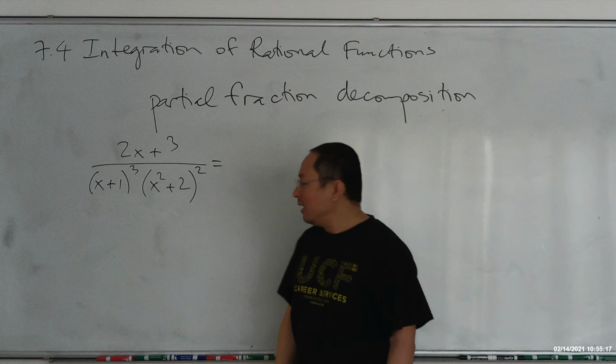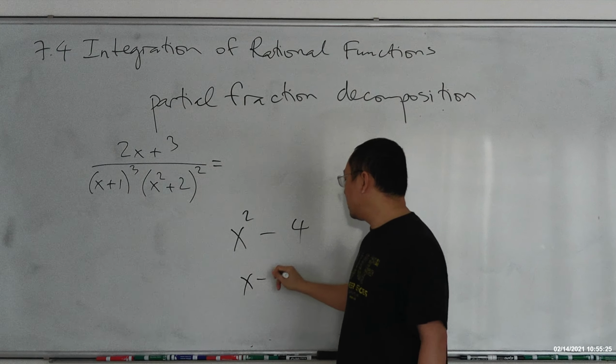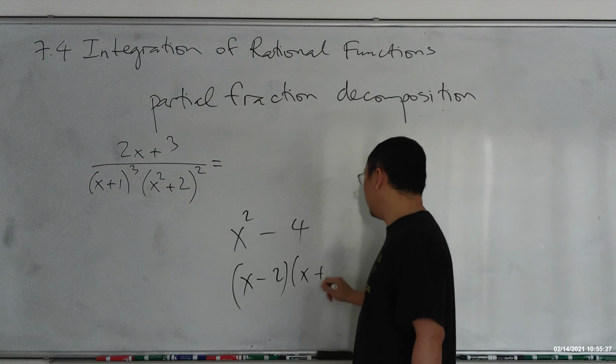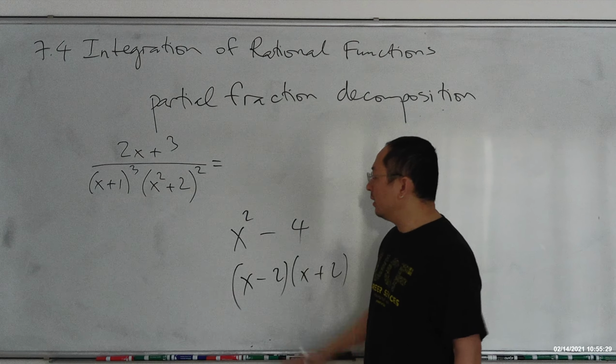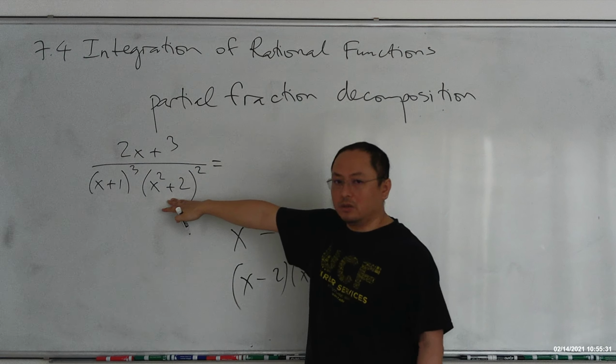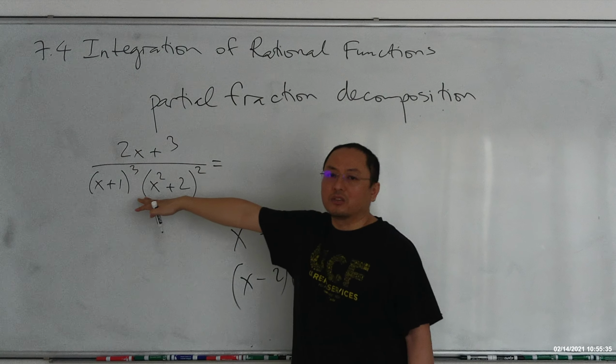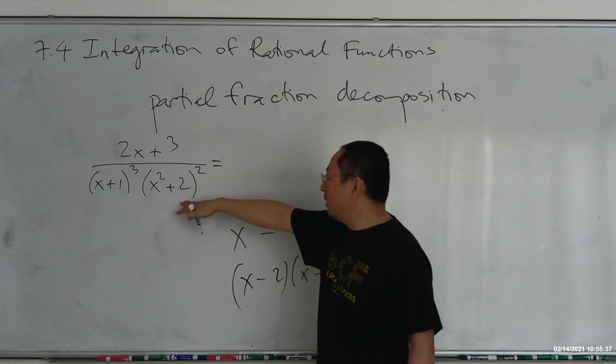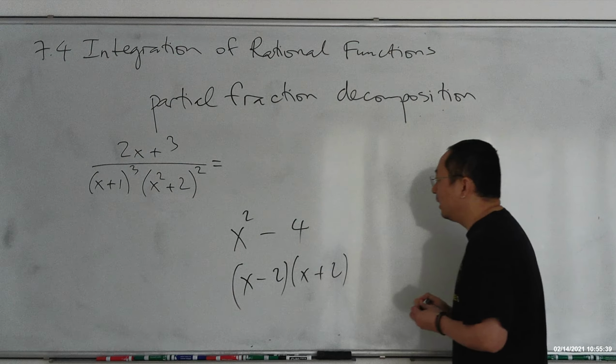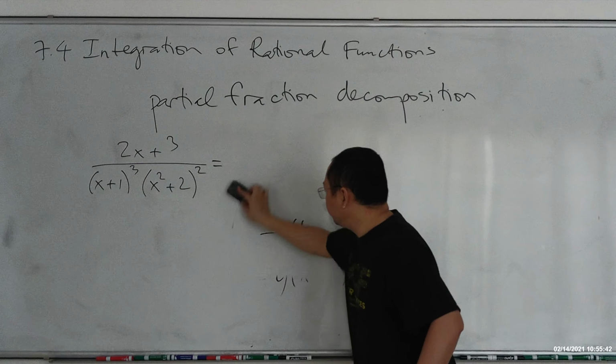By the way, if you have a quadratic like x squared minus 4, I claim that actually is factorable. This one is just (x minus 2) times (x plus 2), right? And then it comes down to linear. With something like x squared plus 2, in terms of real numbers, I cannot factor this out anymore. It's called irreducible. Cannot break down anymore. I have to leave it as the quadratic x squared plus 2 and deal with it.